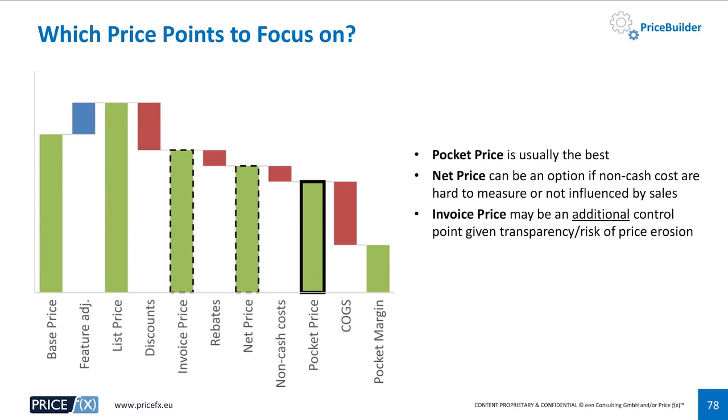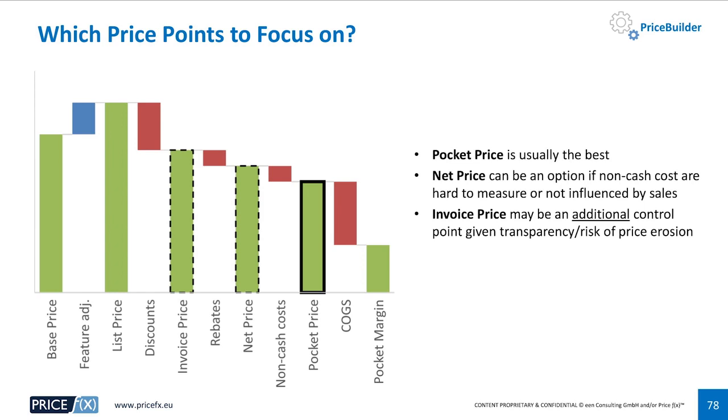Pocket price or net price is often a topic because this pocket price thing makes finance get all jittery, right? Because they don't track pocket price in their accounting systems. But pocket price is best because it helps make pricing decisions. And the difference is these non-cash costs are the things that you try and put a monetary value on them, and then you make better decisions that influence the profitability going forward.